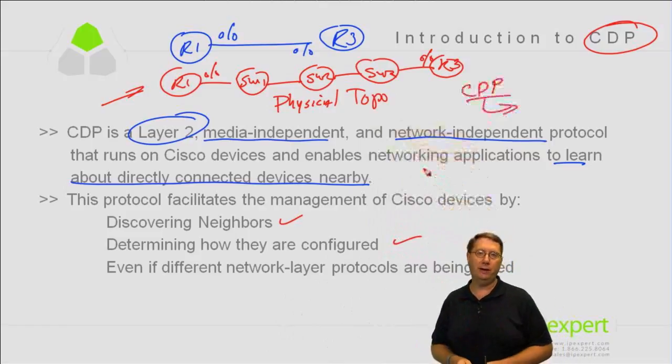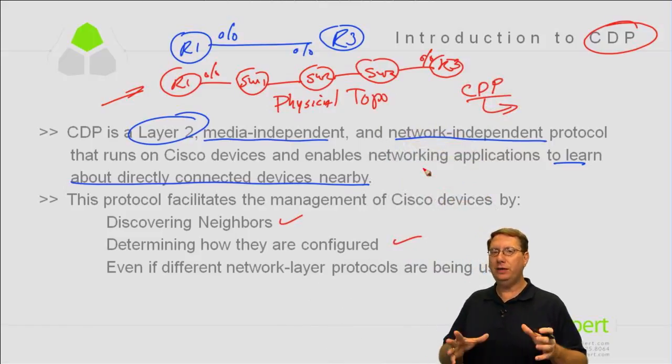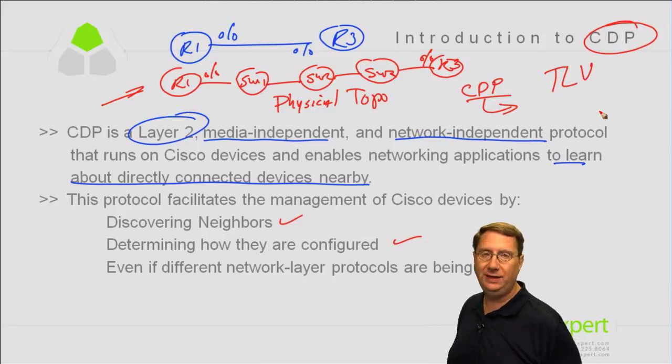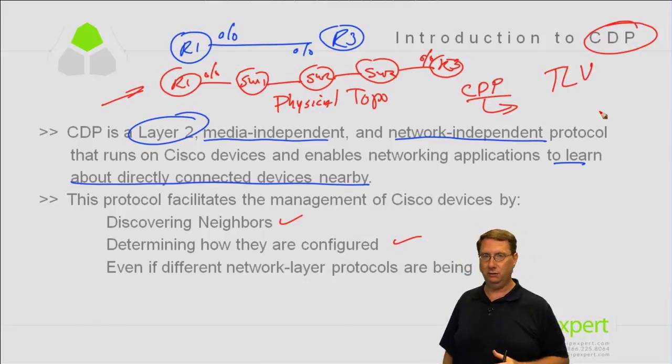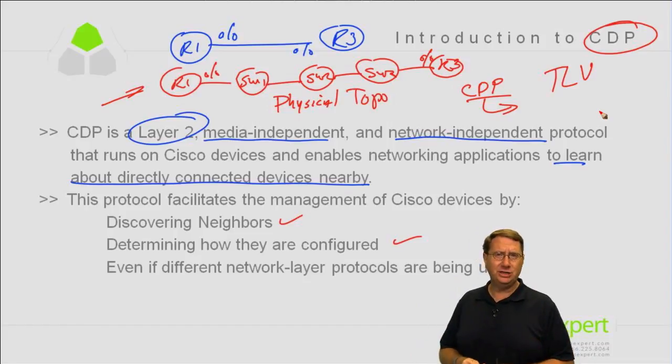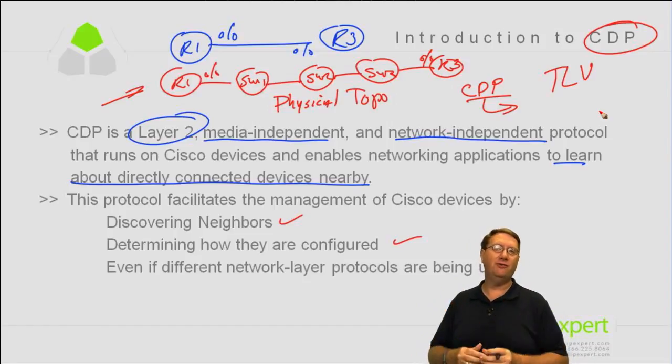All of that's going to be incorporated because CDP is optimized to operate using something called a TLV, a type length value. TLVs give us the ability to construct a protocol that can have modifications put in place to support different information.